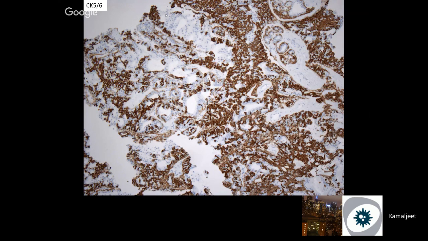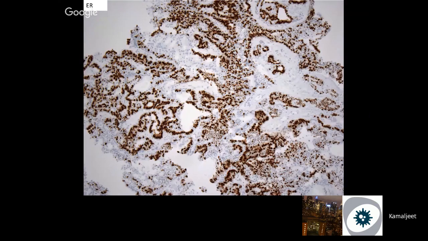If you are expecting ADH, you would see sheets, a focal area in which the CK5/6 is totally lost. However, the caveat is that apocrine change would also be CK5/6 negative. So you combine it with an estrogen receptor, ER, stain. If this focus was ADH, it would be strongly ER positive.